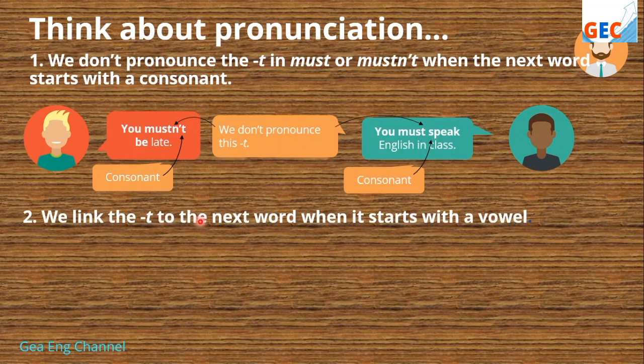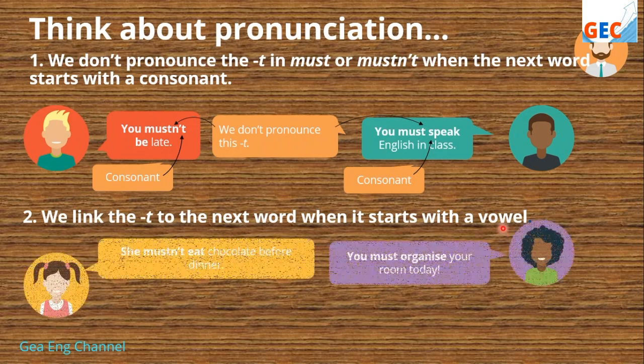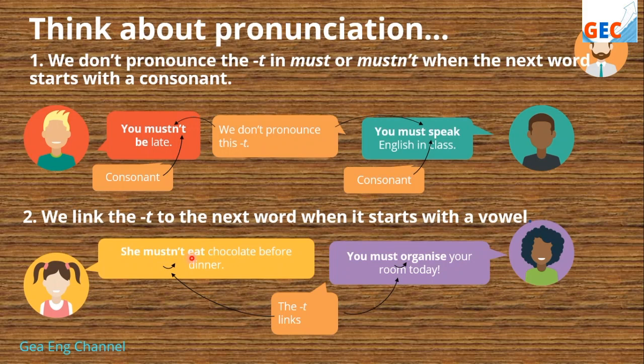We link the T to the next word when it starts with a vowel. For example, she mustn't eat chocolate before dinner. You must organize your room today. So here the T links: mustn't eat, must organize.